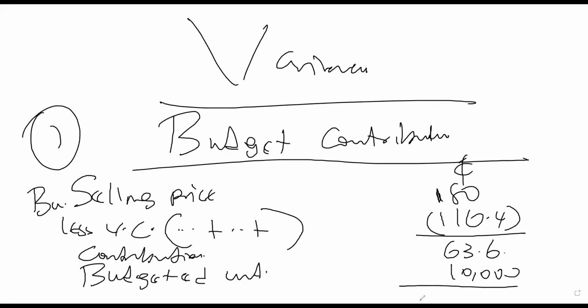What's the total budgeted contribution? 63,600, right? Do you agree? Start calculating the variances in detail. 636,000. Come again. 636,000. Oh, okay. Good.